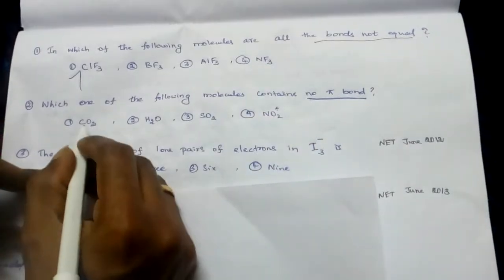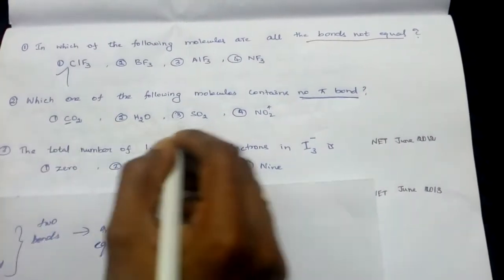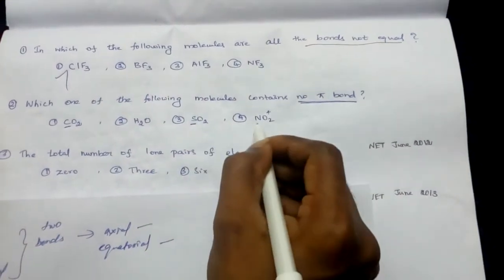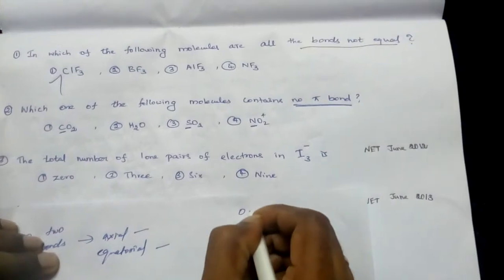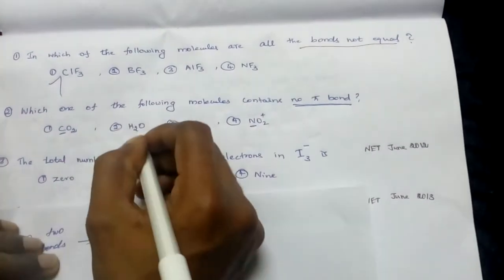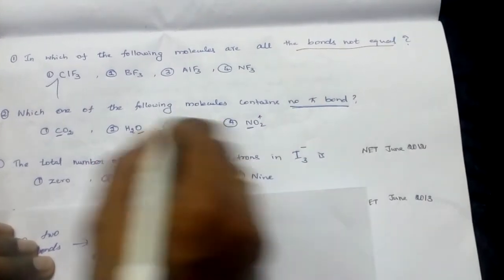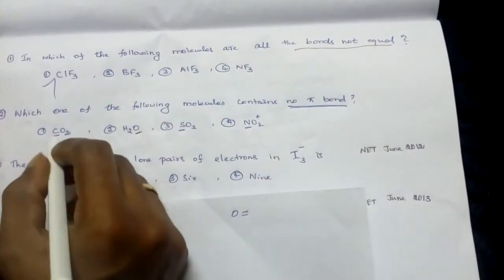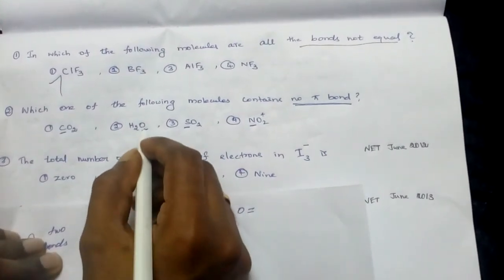Here carbon is the central atom, here sulfur is the central atom, and here nitrogen is the central atom. Oxygen gives two bonds, so it makes a double bond. But in water, hydrogen is the neighboring atom and oxygen is the central atom.